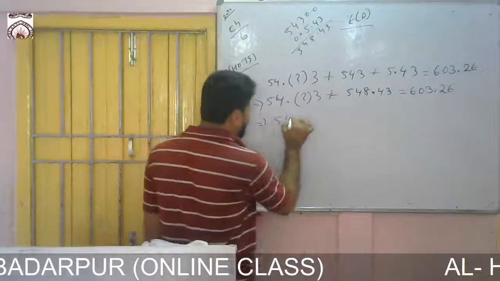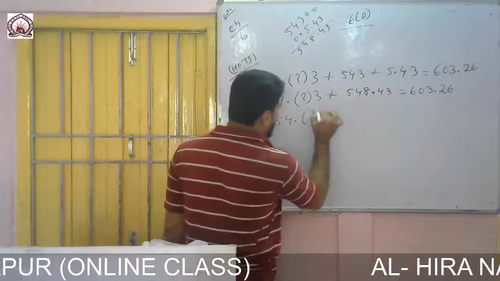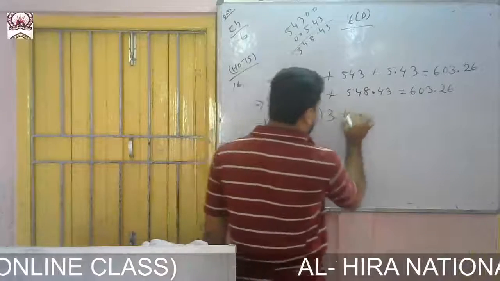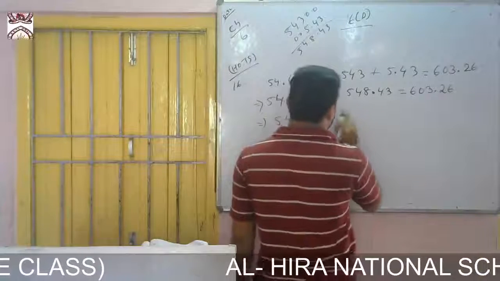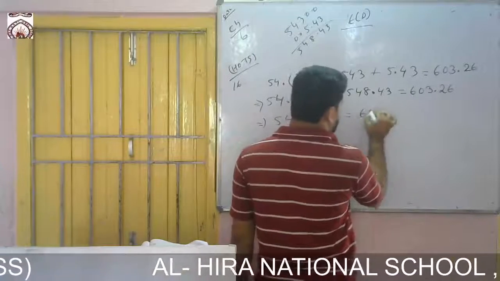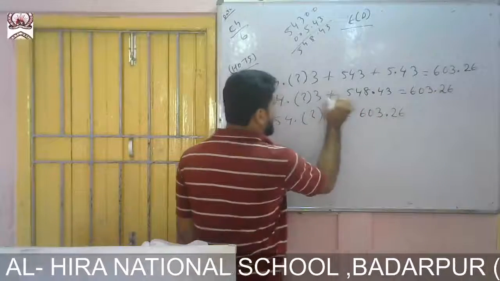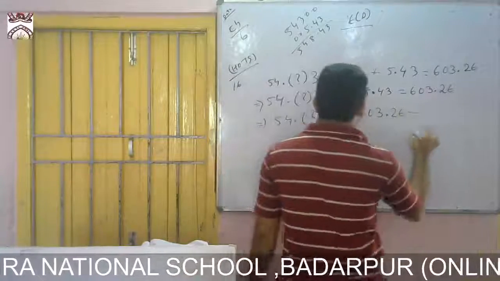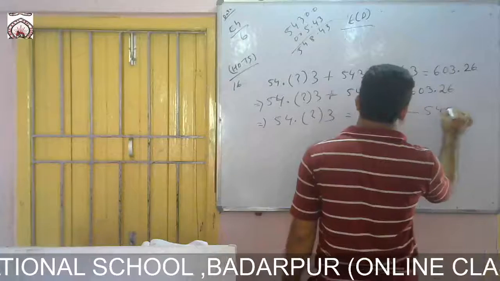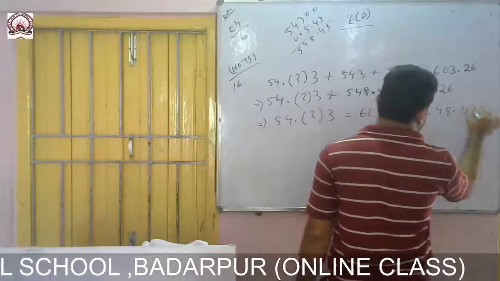Okay, so now you transfer this one: 54 point and question mark you keep, then 3 plus what? You subtract this one. 603.26, here plus is there. If I take it to the right side, it will become minus 548.43.